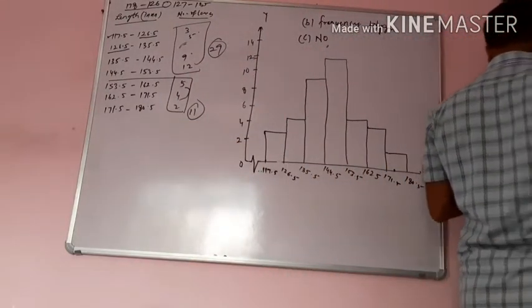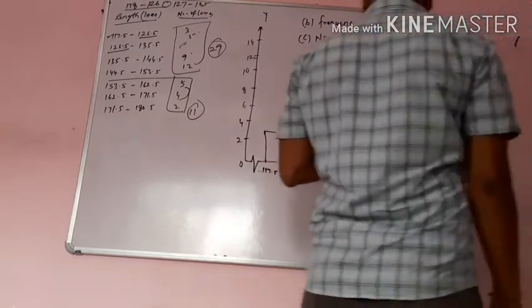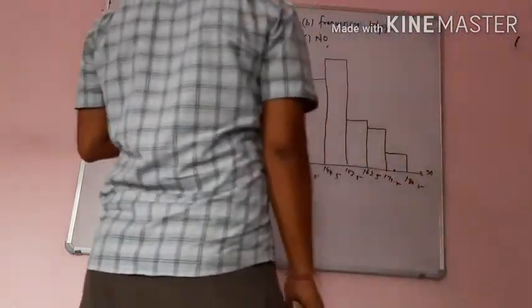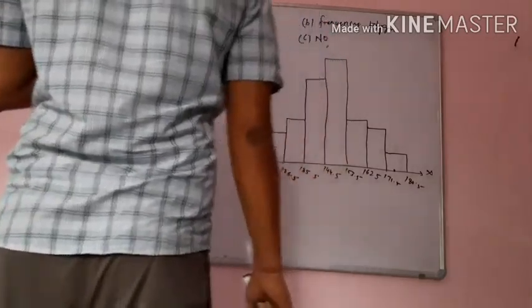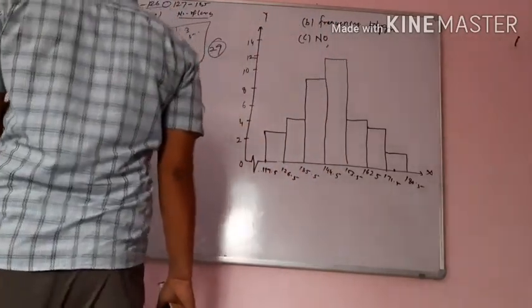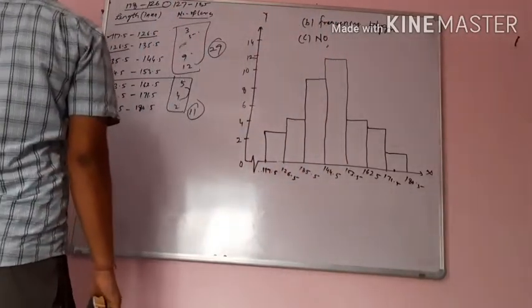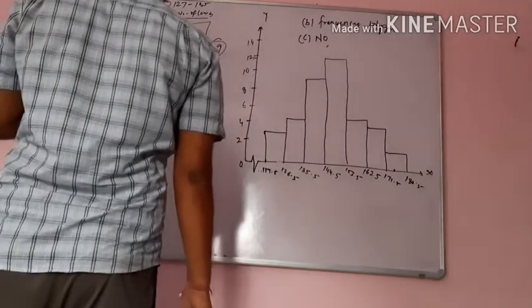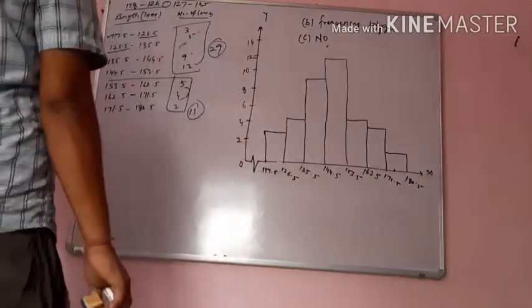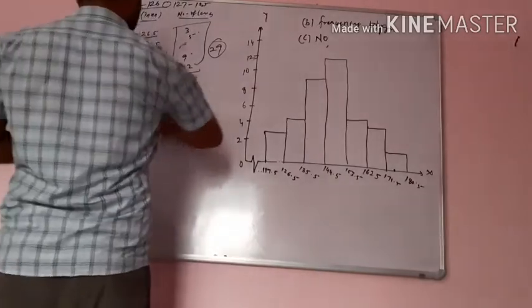In question number 5, for the following table, the life of neon lamps has been given. Represent the given information with the help of a histogram. So you can draw the histogram very easily.